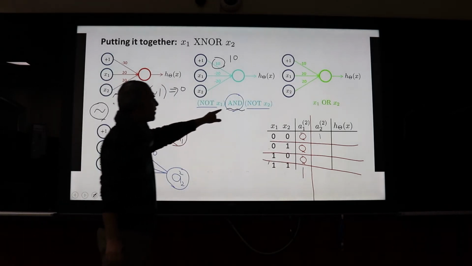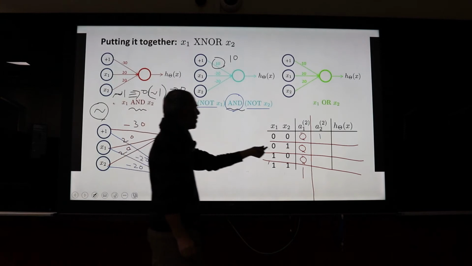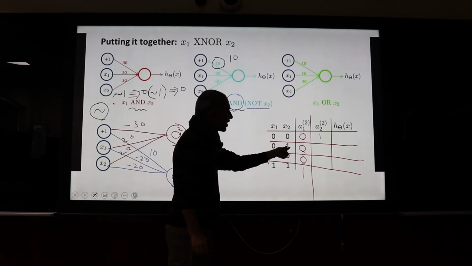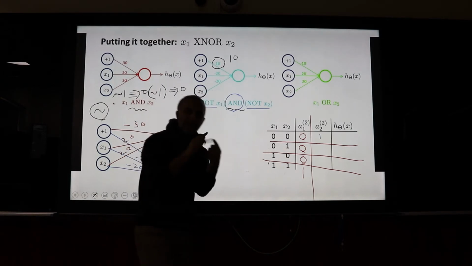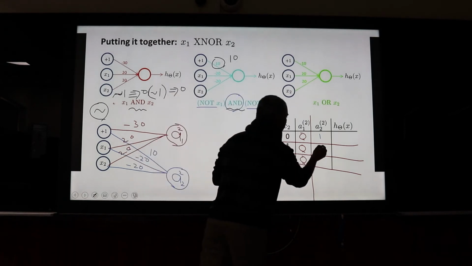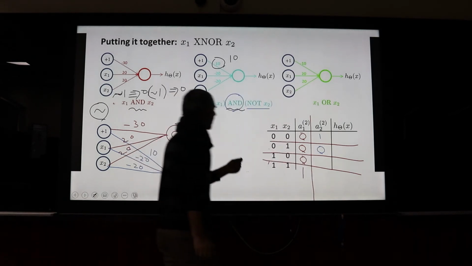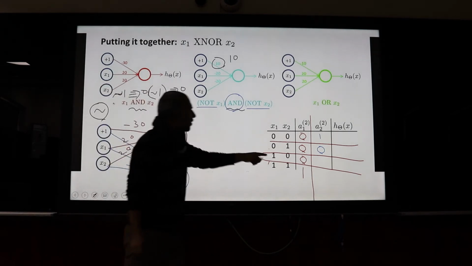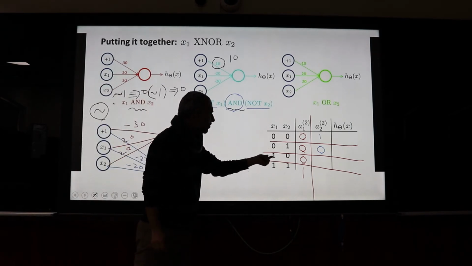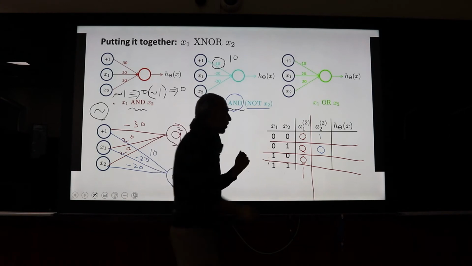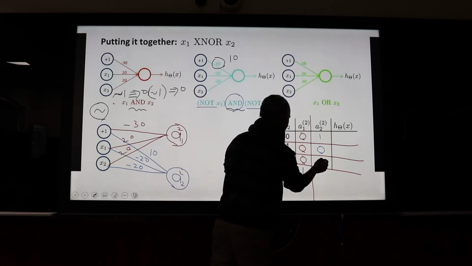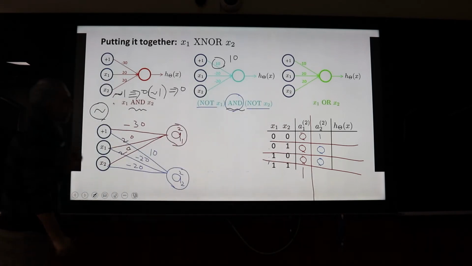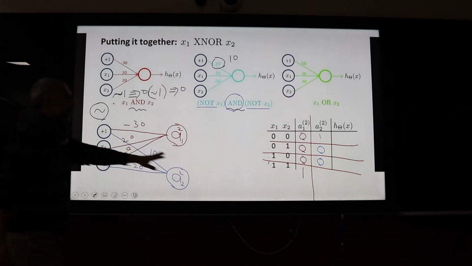Again, this is a series circuit. Negation of 0 is 1, negation of 1 is 0, so one switch is off, so the answer is 0. Now again, negation of 1 is 0, negation of 0 is 1, one switch is off, again we will get 0. Here is a very interesting thing.